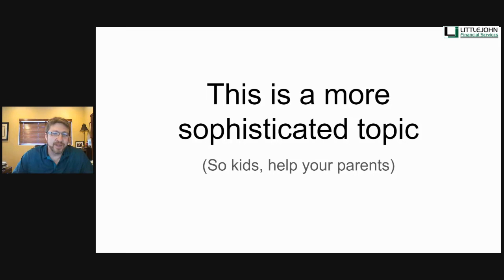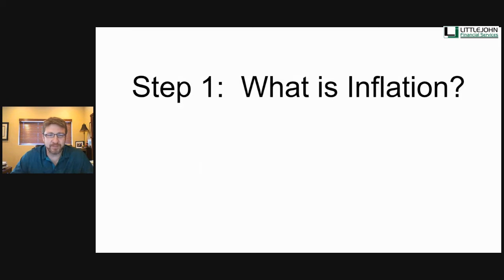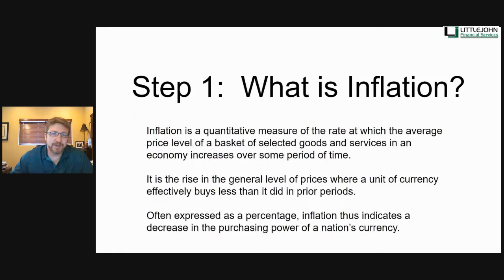All right, look, inflation is one of those things that we sometimes talk about, but it's not often explained. So, step one today is let's talk about what is inflation. This is really wordy, right? It's a quantitative measure. It's looking at a basket of goods or services and looking at how the price changes over time.